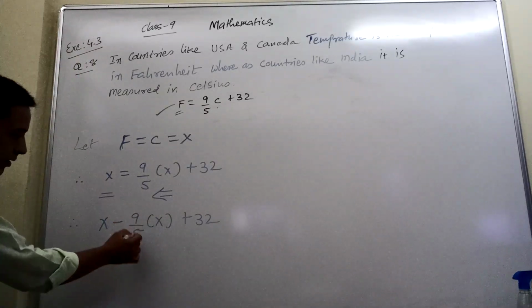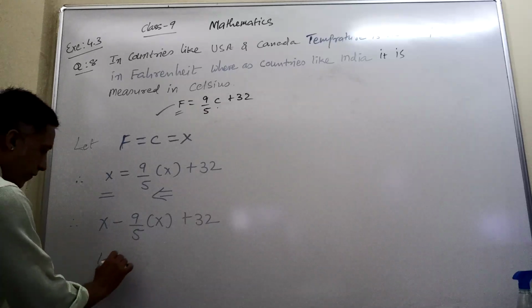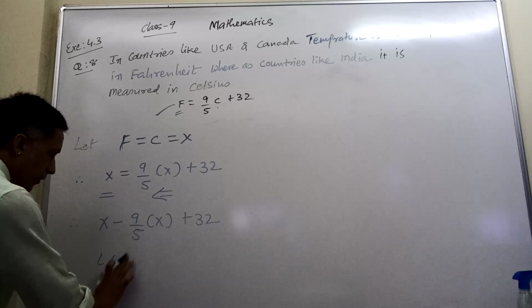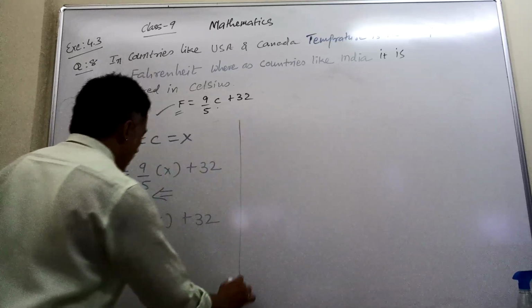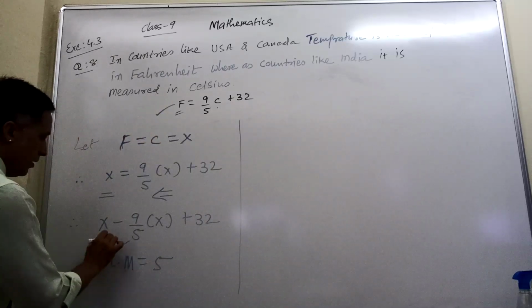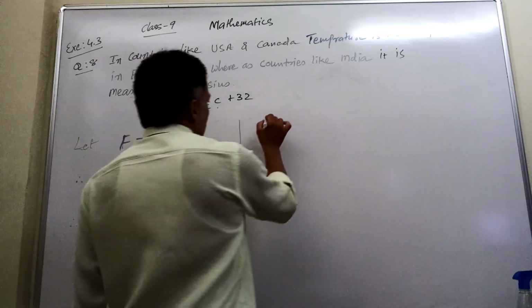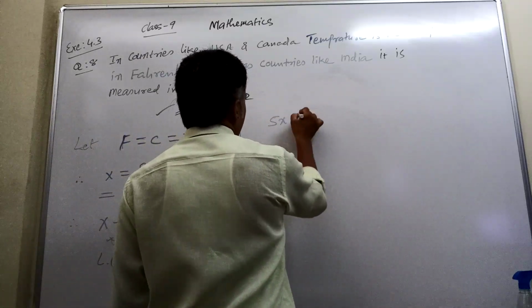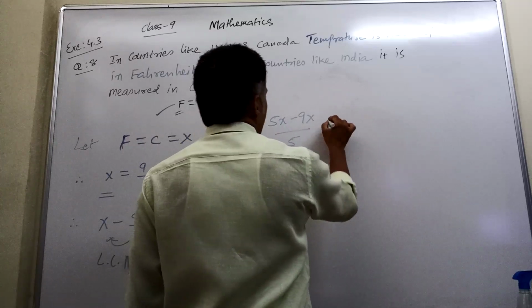And here we have 5 as a denominator, so the LCM is 5. Hence I am taking the LCM over here. So this 5 will multiply with this X. I will have 5X minus 9X upon 5 is equal to 32.